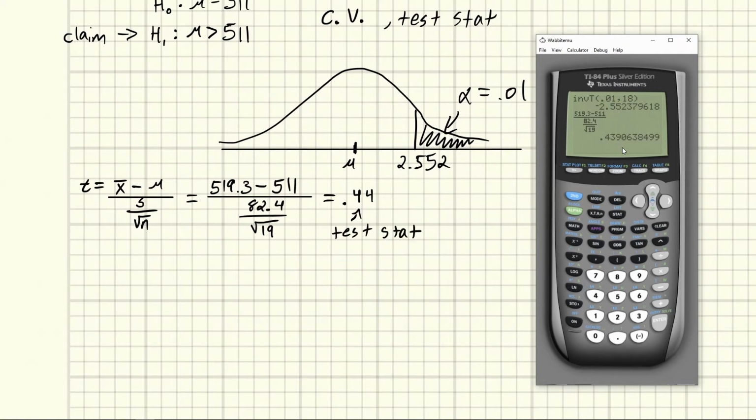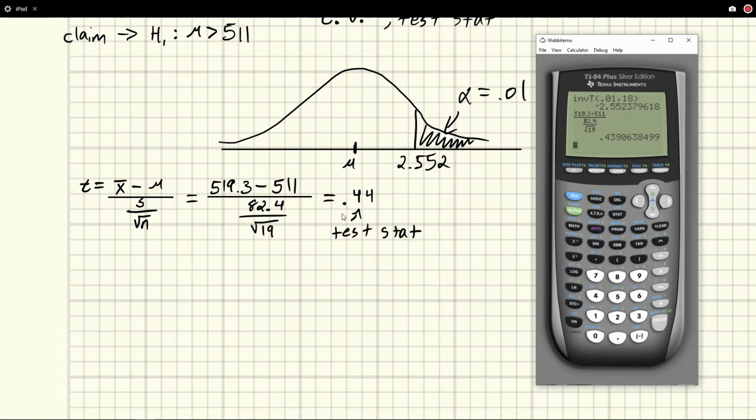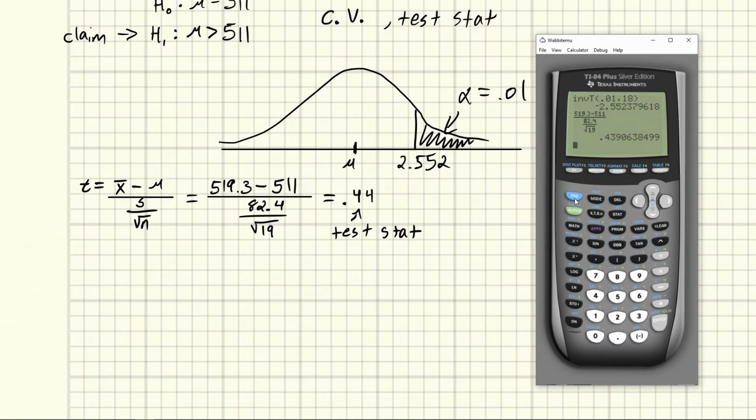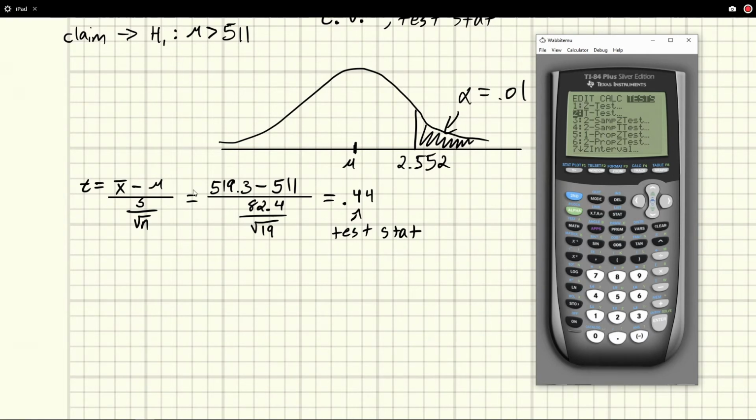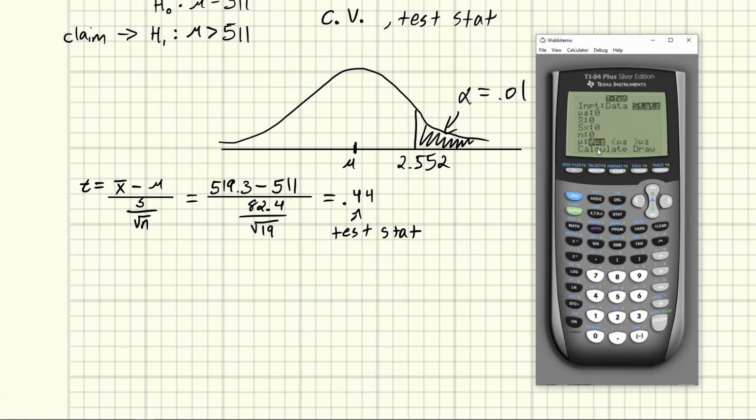All right, now there's a couple other things we could get. Now let's do it using the calculator. So in the calculator, you just simply go to stat, come over to tests, and we want a t-test because we're doing a t-score stuff. So we choose 2, and we have statistics, so we're going to choose these stats. We don't have data, we have stats. So we're going to come in. Now for our mu naught, that's 511 from earlier.